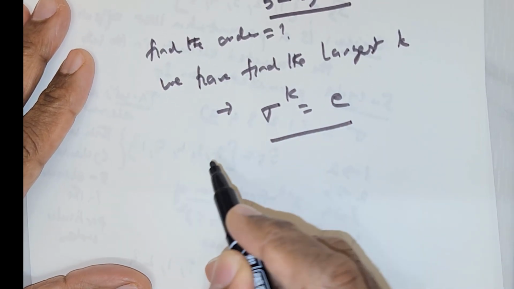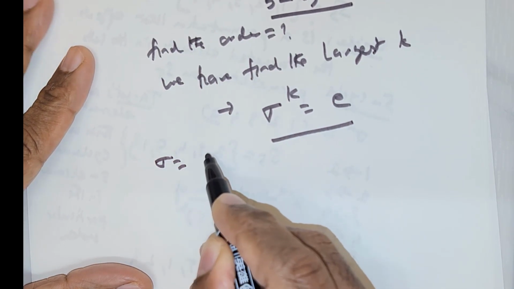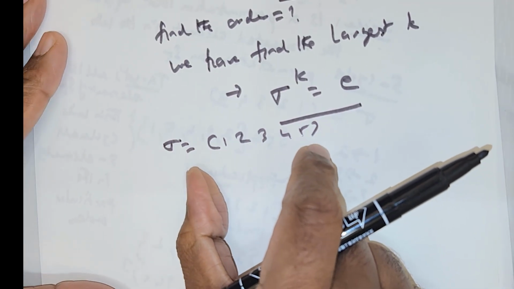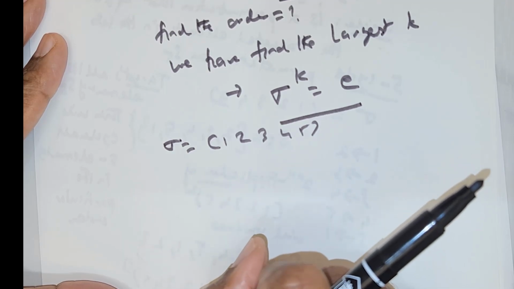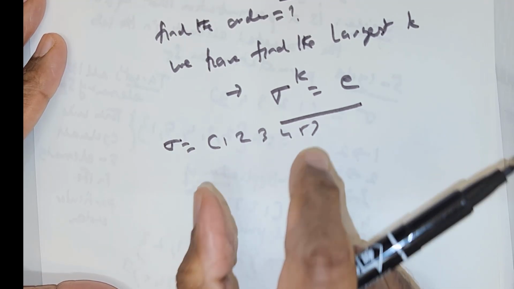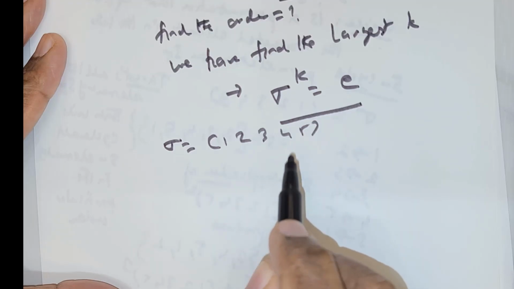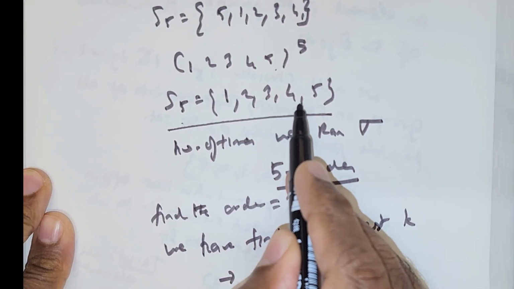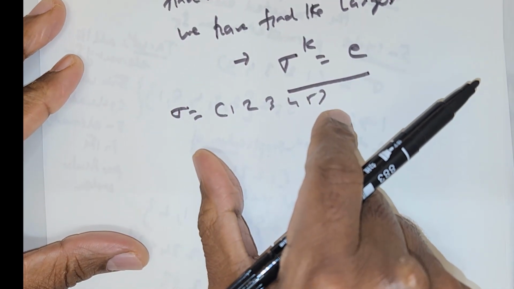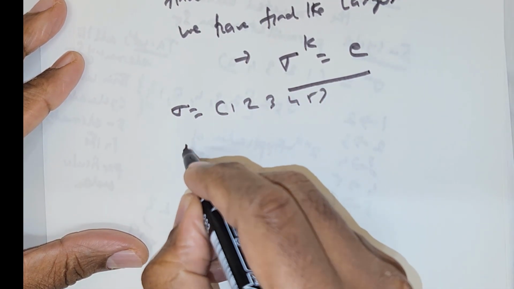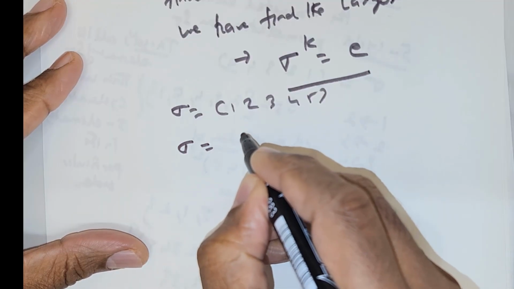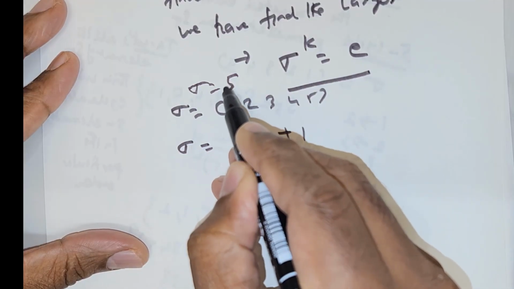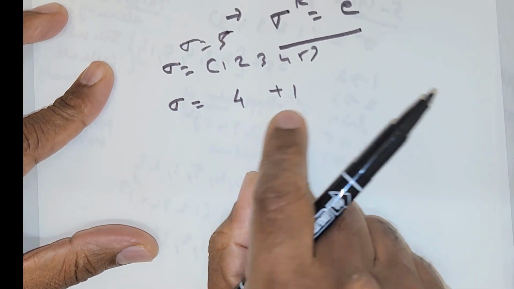As I mentioned, in the first case I took sigma to be (1, 2, 3, 4, 5). This has 5 elements, so the split is just 5 because the original set has 5 objects. Now what if I split this sigma as 4 and 1? The total is still 5. So this is also possible, right?